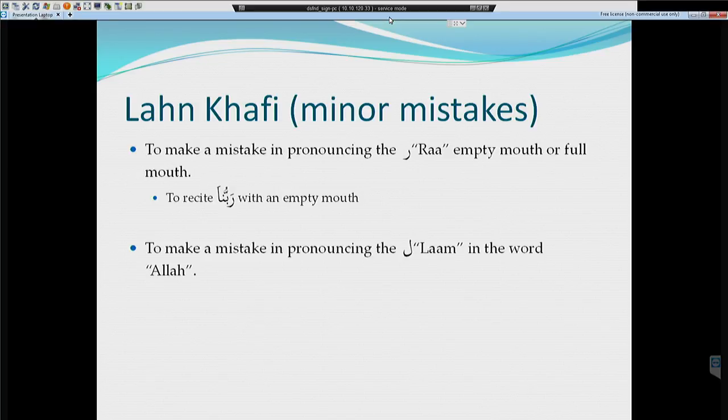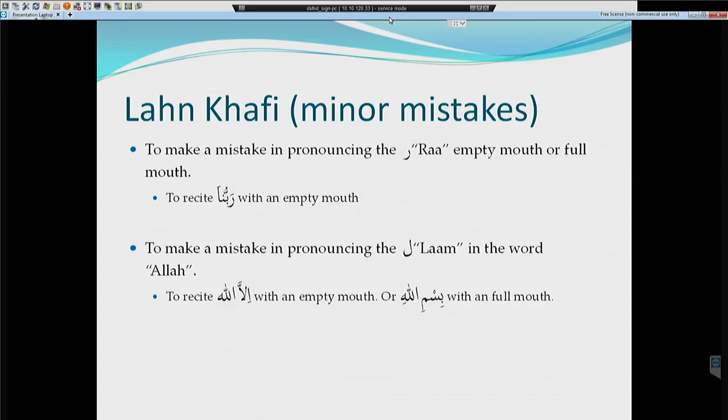Another lahm khafi is to make a mistake in pronouncing the letter lam in the word Allah. When you're saying Allah, I believe I mentioned this yesterday, Allah is pronounced full mouth when it has a fatha or a dhamma before it. So when pronouncing illallah, la ilaha illallah, someone might pronounce it with an empty mouth.